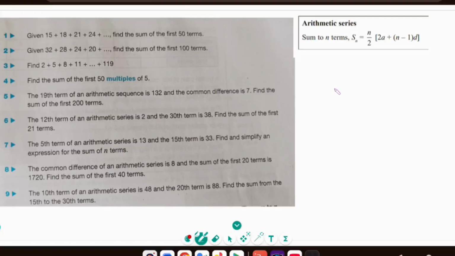Okay, so this first question, 15, 18, 21, 24, find the sum of the first 50 terms. So A, common difference is 3, n is 50, because we're adding the first 50 terms.